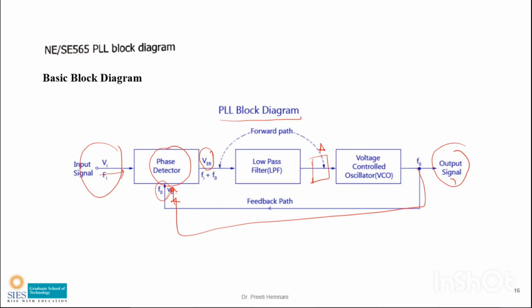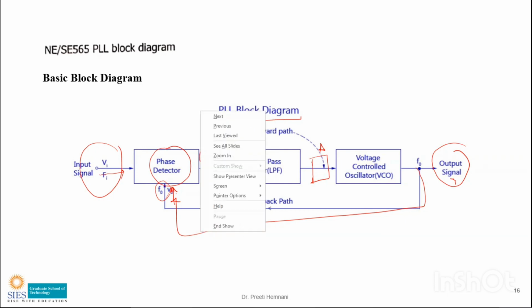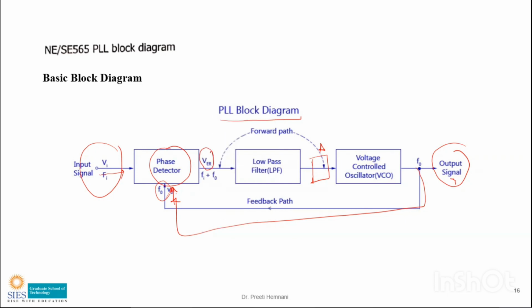Now what the phase detector does is compare these two voltages. It produces a DC voltage, which is the difference between these two. It produces a DC voltage which is proportional to the phase difference. Why is this a phase detector?